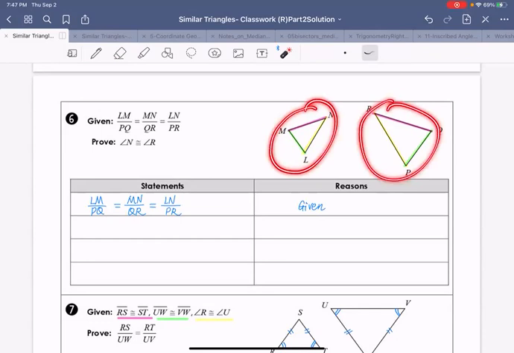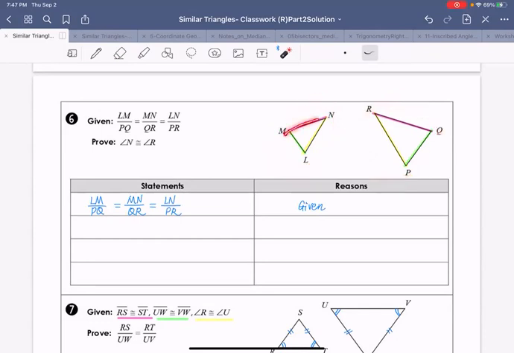When we have three sides, pink to pink, yellow to yellow, green to green, and we have this, what conclusion can we say? Triangle MNL and triangle QRP are similar. Hey, hold on. Let's pay attention to here.